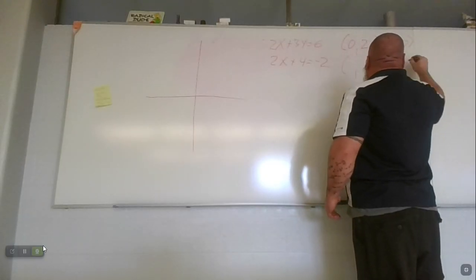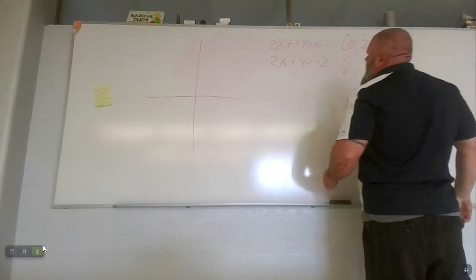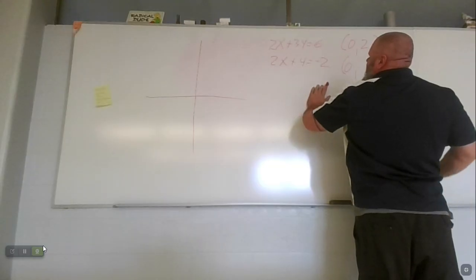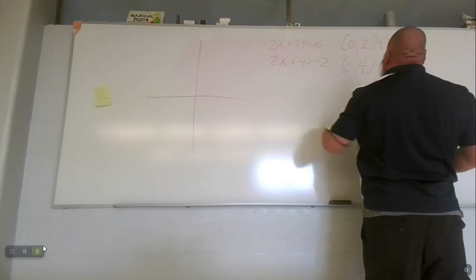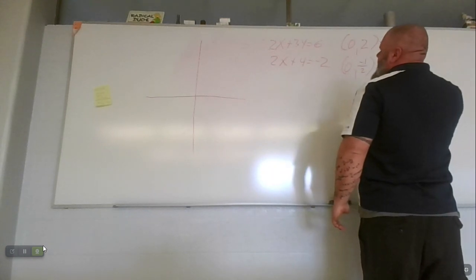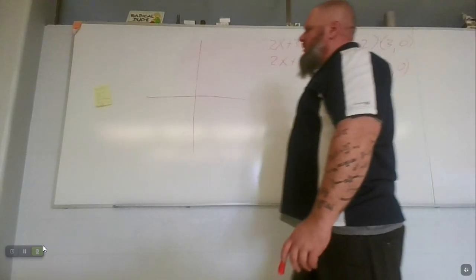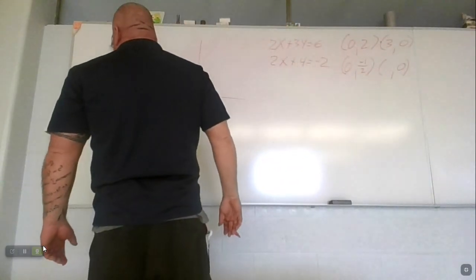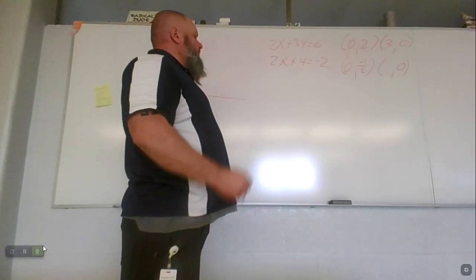If x equals 0, 4 equals -2, so you're at -1/2. And then, did I mean to say 4y? Probably. Oh, dang it. I screwed this whole problem up because I can't read my own handwriting.